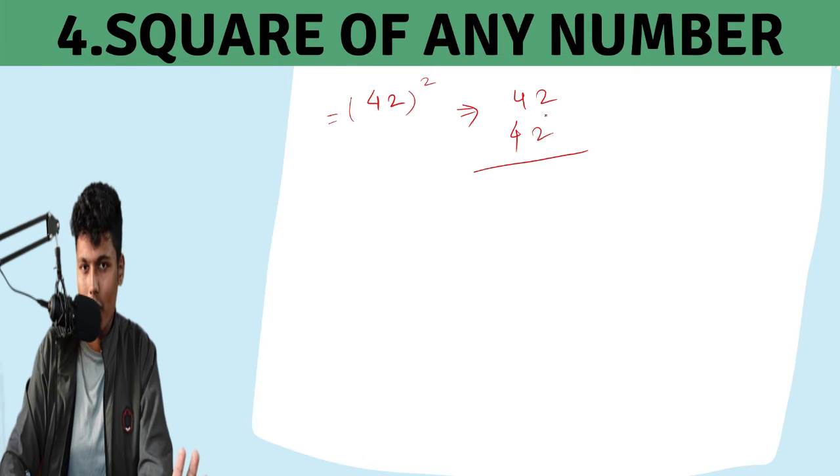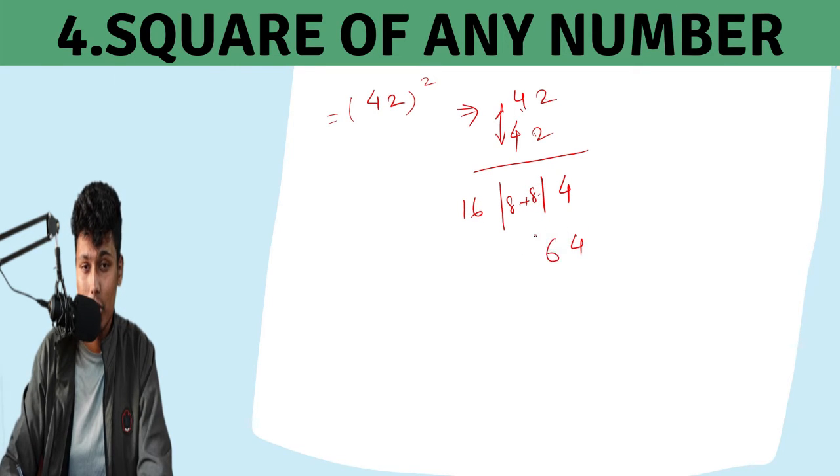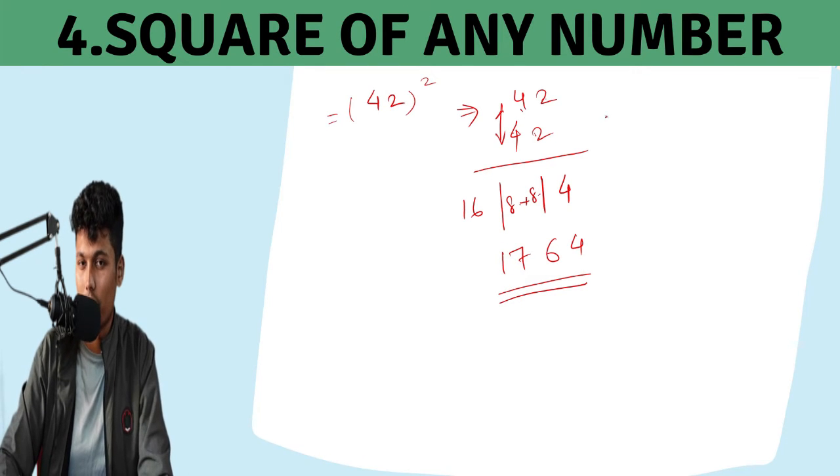But for squares you can skip something. Let me do this one again. 42 into 42, 2 fours are 8, we got 8. Then 4 twos are 8, 8 plus 8 is 16, so write down 6 here, 1 is here. 4 fours are 16, plus 1, 17.